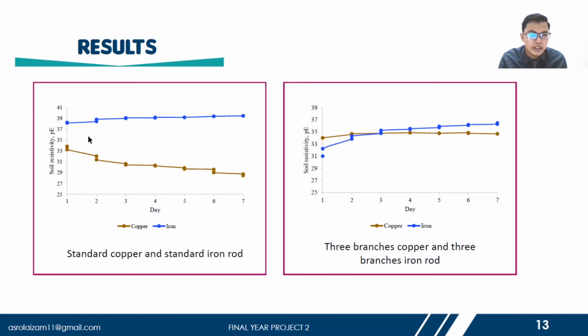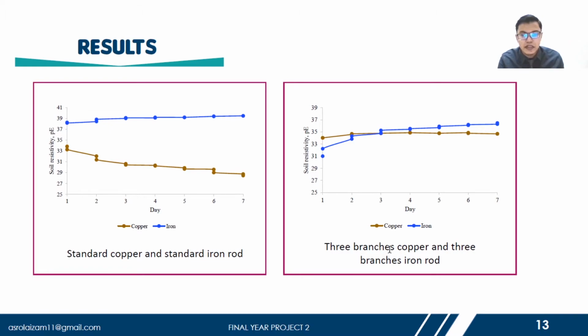In 7 days the copper road shows some decrease, but the iron road maintains or even increases, so the copper road is better than the iron road.